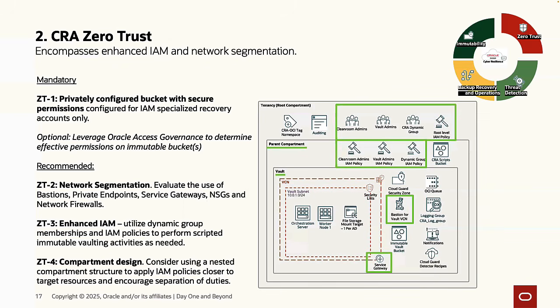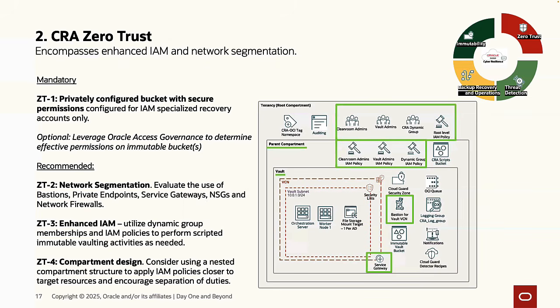So for example, instead of having a dynamic routing gateway, which allows full network access between all these environments, you could deploy virtual cloud networks that only have service gateways, for example. You could utilize the Oracle managed Bastion server as a jump host to allow you to have remote access to these restored compute nodes to verify if malware still exists or if you're still seeing malicious behavior when you restore from backup. Enhanced identity, we talked through.